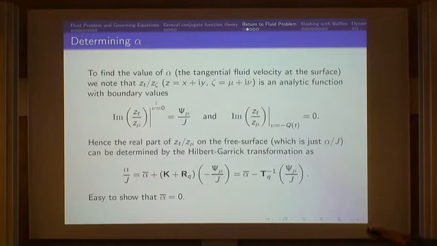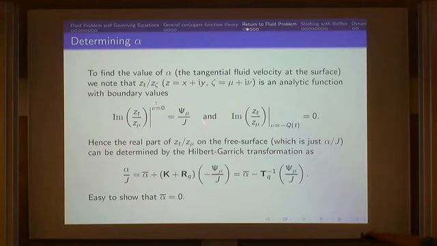So this is an analytic function where I know the imaginary part on the free surface, and I know the imaginary part on the bottom. So I can use this transformation to find the real part on the bottom and the real part on the free surface. I only wrote down the imaginary part here.